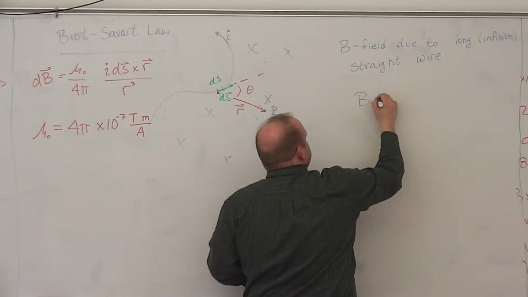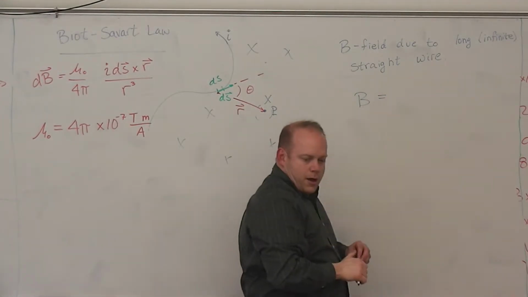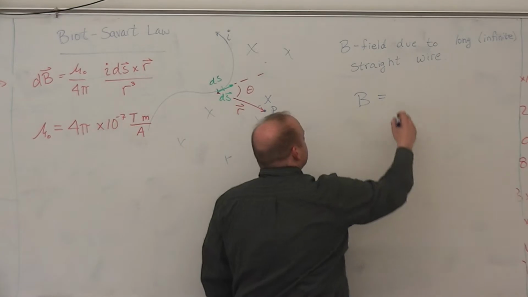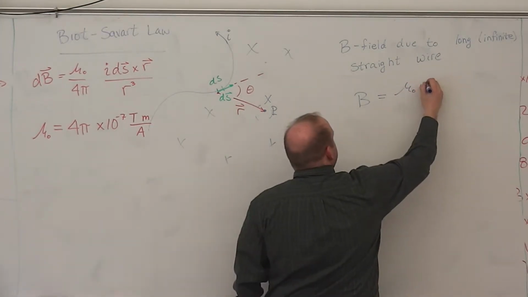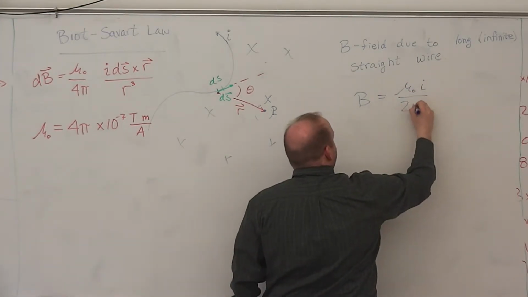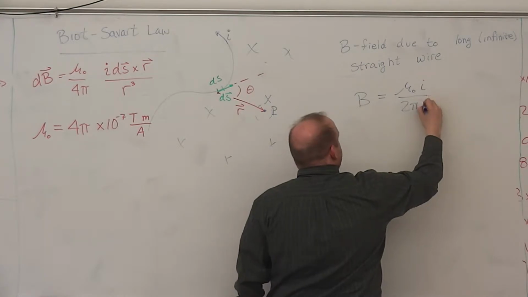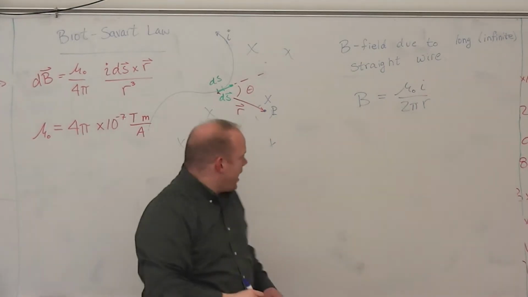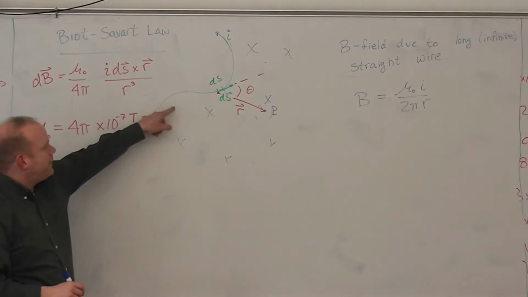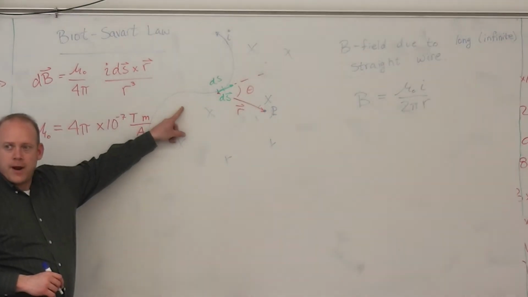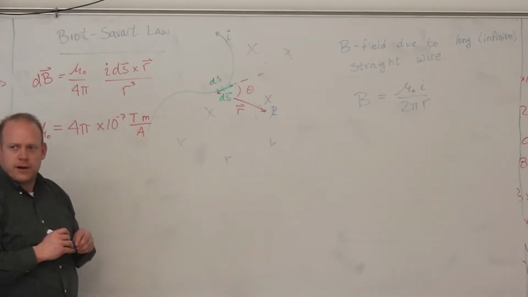That magnetic field will equal mu naught I over 2 pi r. Now, you can actually prove that off of this, okay? But I'm not going to go through it, you guys can look that up in the book.